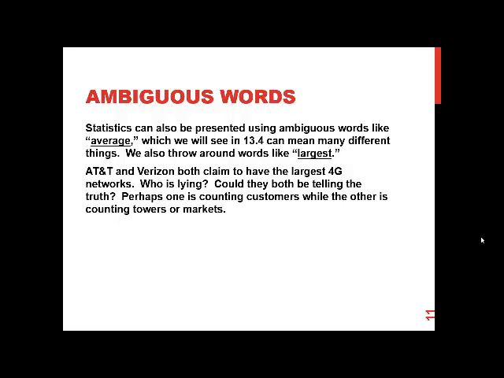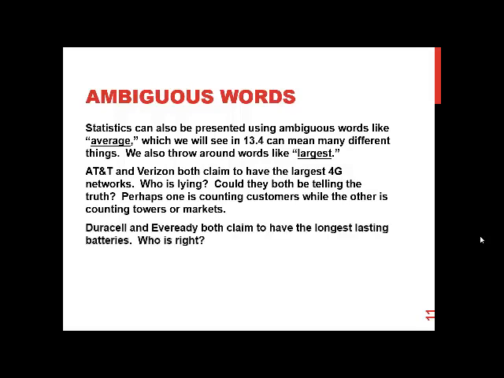Are they both lying? Are they both telling the truth? Well, it could be in the way they select what is largest. One might be counting the number of customers while the other's counting towers, or counting towers versus counting markets. You've got to find out all the information. This is where statistics can lead you with ambiguous words.